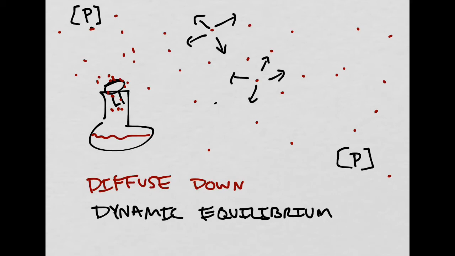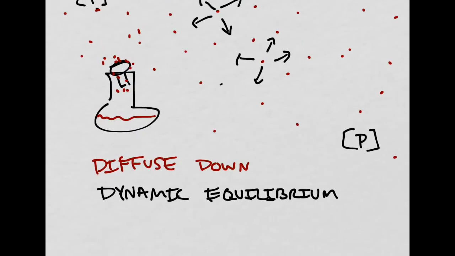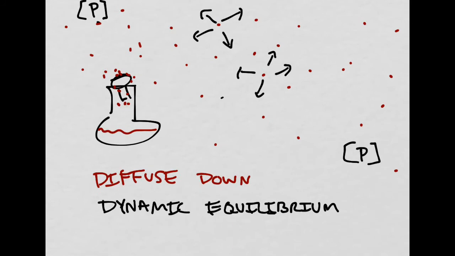So although all these particles are still moving, on average, the concentration throughout the room is the same. And the second law of thermodynamics, that all things trend towards thermodynamic equilibrium, greater entropy, is the force that's driving this to happen. So all things diffuse down their concentration gradient.